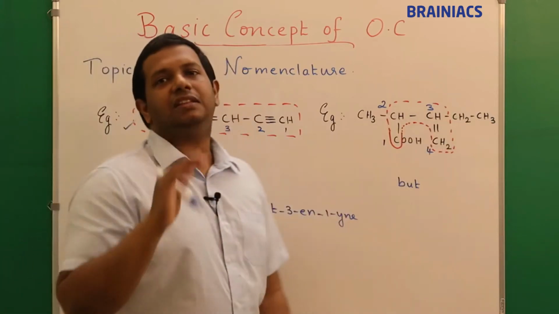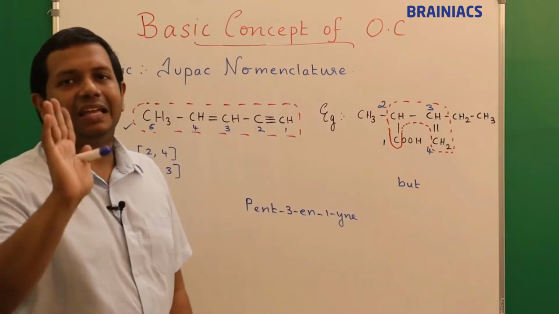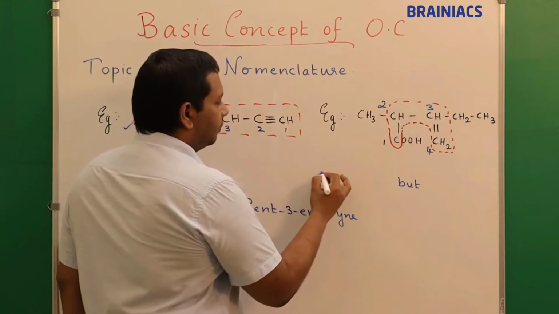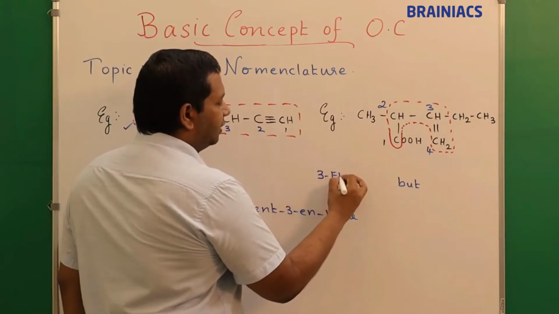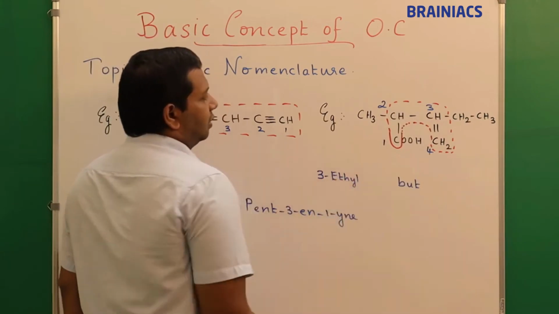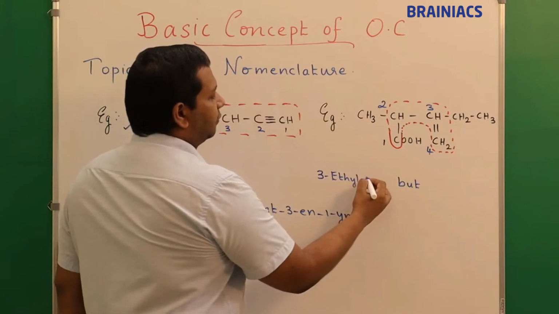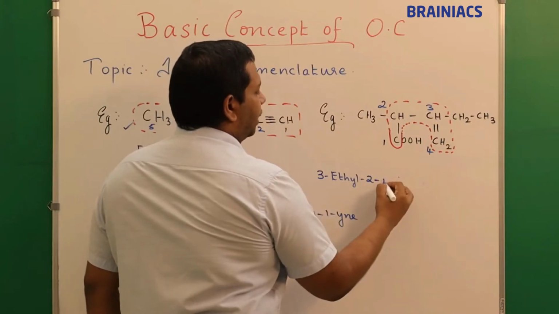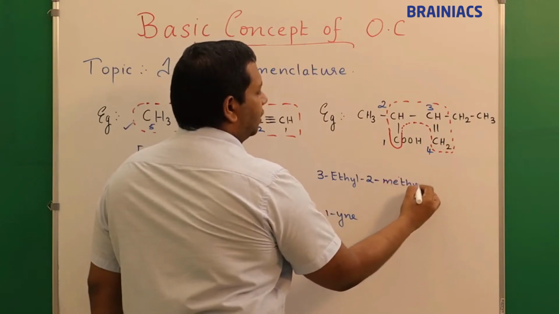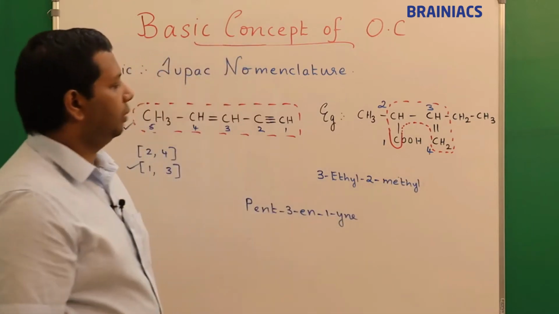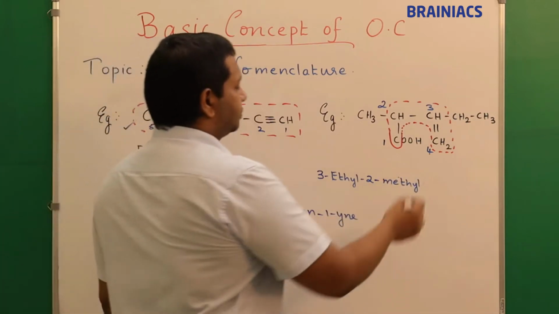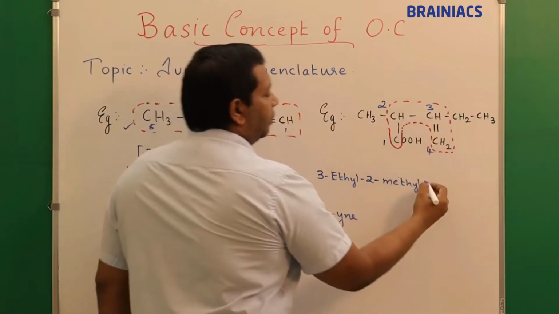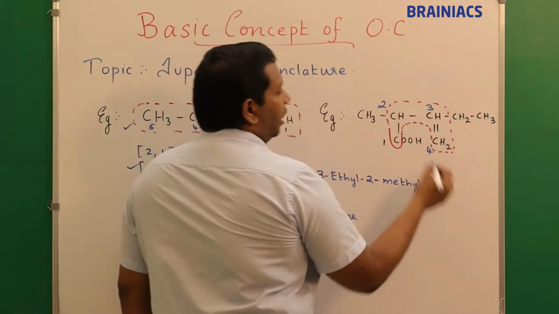So methyl and ethyl, which comes alphabetically first? Ethyl will come first. So I will write like this: 3-ethyl, hyphen 2-methyl. Correct? So 3-ethyl, 2-methyl, then there is no hyphen required, parent but, at what position?